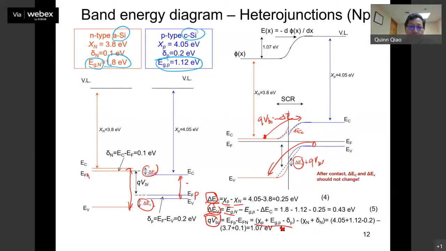EFP is basically the electron affinity plus the band gap, and then you subtract this. This is the total here, and then minus the one here. The same thing for EFN. EFN will be EC plus the difference there.